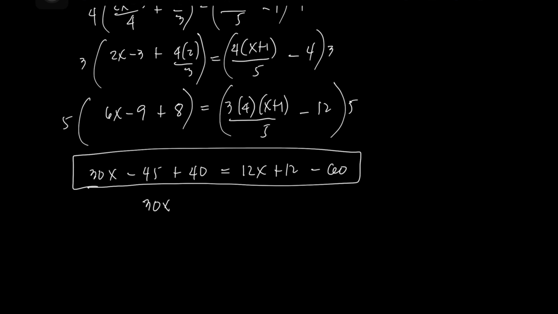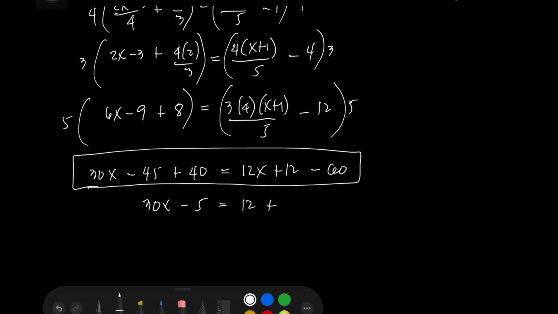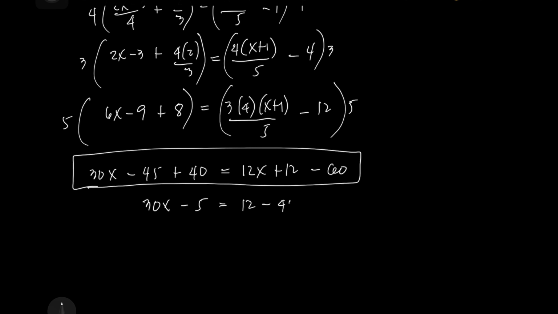So we have 30x - 5 = 12x + 12 - 60, which is 12x - 48. So we combine, so we have 30x - 12x = -48 + 5.